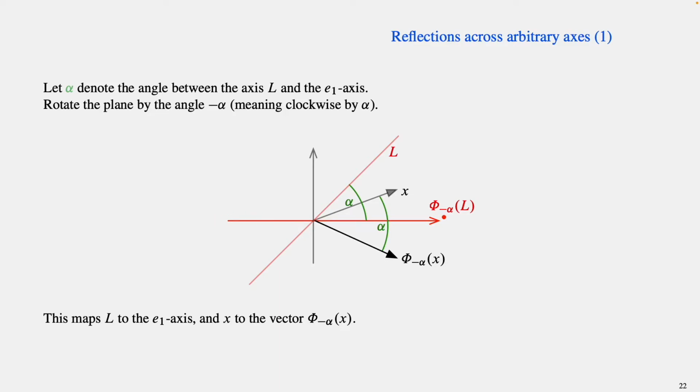So phi index minus alpha applied to L maps L to the first coordinate axis, and all the vectors in the plane also get rotated by minus alpha in the plane. So our vector x that we looked at first is mapped to this vector phi minus alpha applied to x.